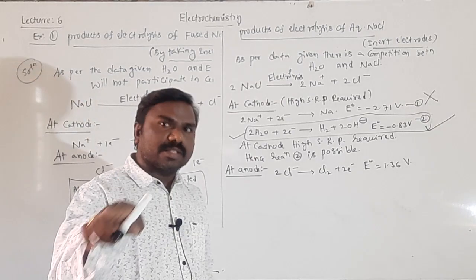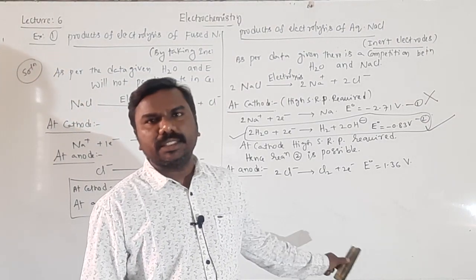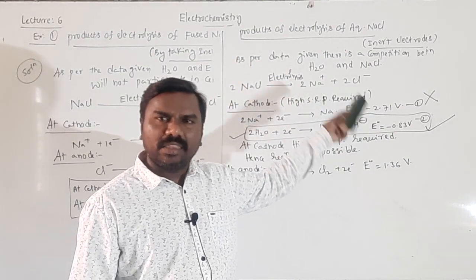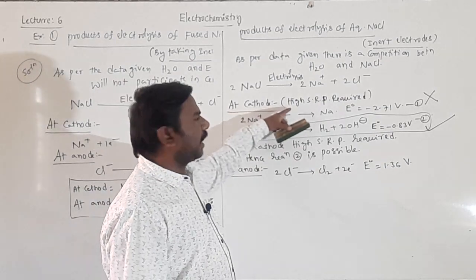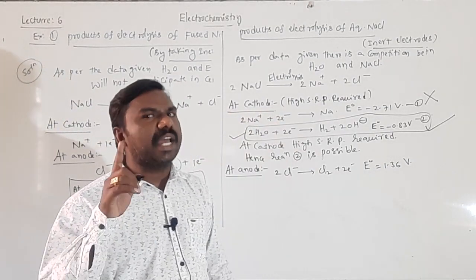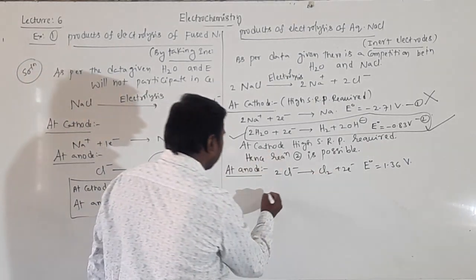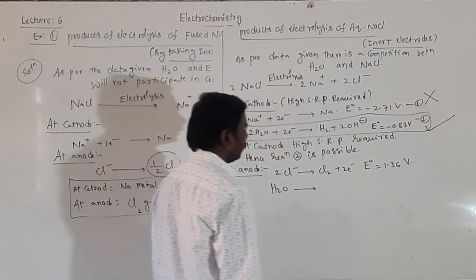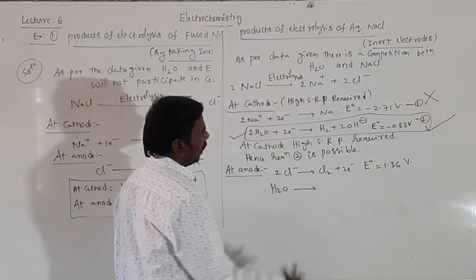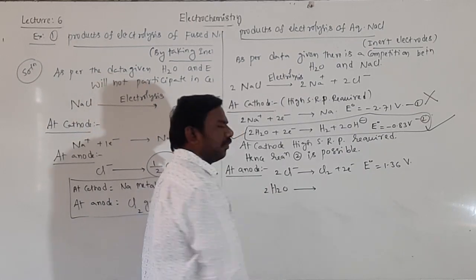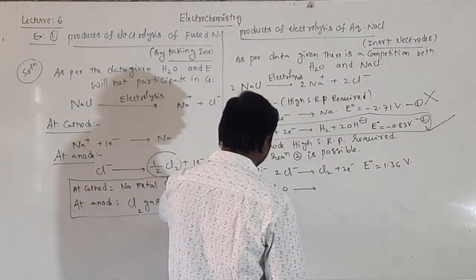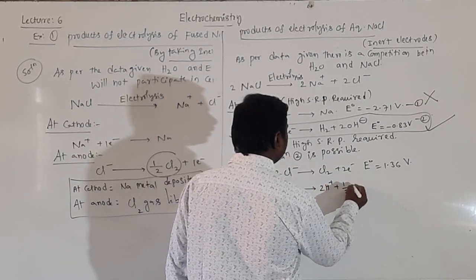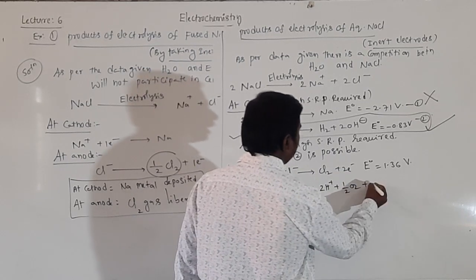Now, water can also undergo oxidation at the anode, because in the aqueous solution the water content is very high, so it participates in reduction at the cathode and oxidation at the anode also. Water H2O loses 2 electrons. If you take 2 H2O for convenience, otherwise 1 H2O, then you will get 2 H plus, half O2 plus 2 electrons.